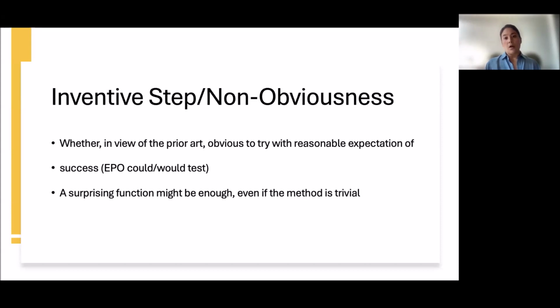Inventive step or non-obviousness is also assessed in comparison to the prior art. If it's quite obvious to try the invention you describe in your patent application, then it wouldn't be considered as inventive, because any random person skilled in the art could do it.